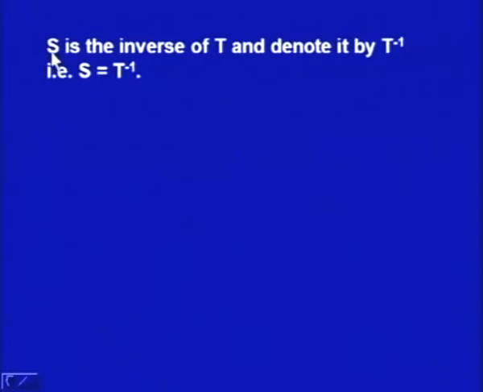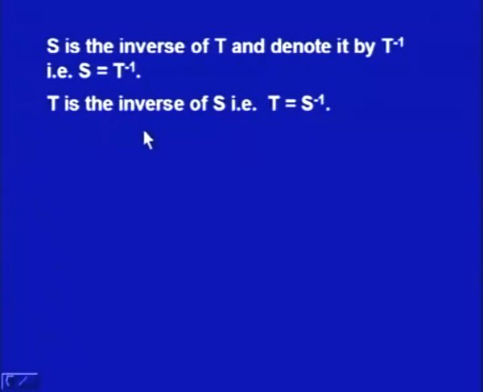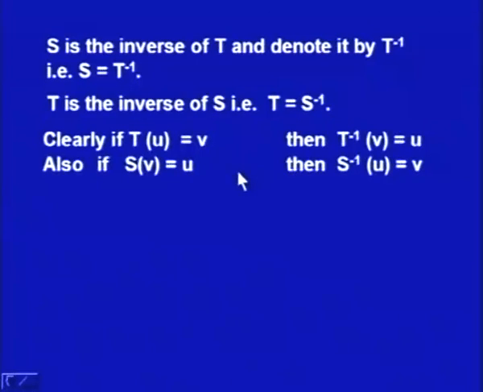Further, if S is the inverse of T, we denote it by T inverse and we say S is equal to T inverse. We say T is the inverse of S or we write T is equal to S inverse. Clearly, if T u is equal to v, then T inverse v is equal to u.